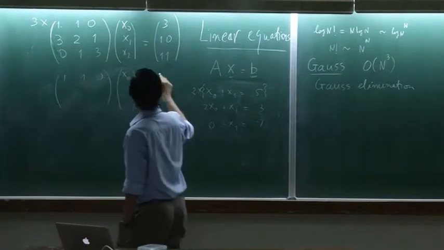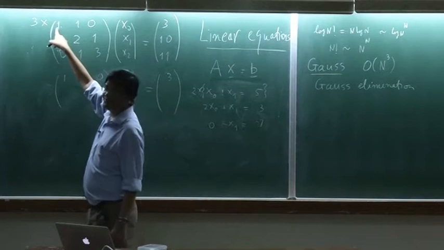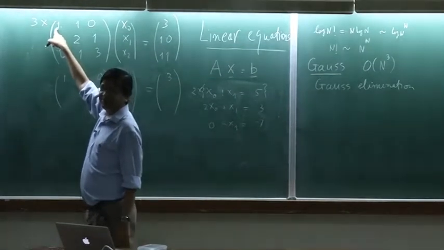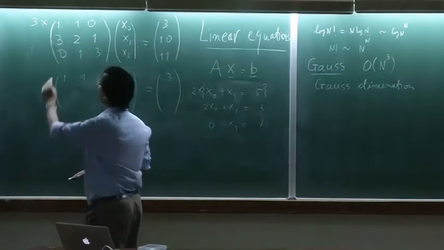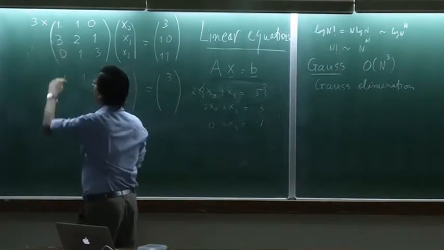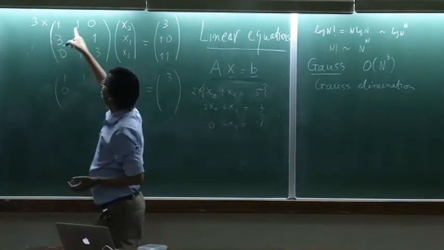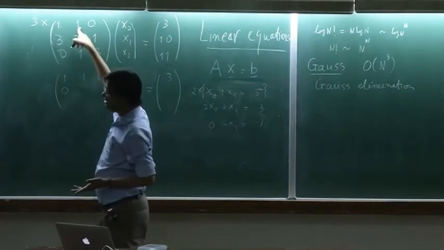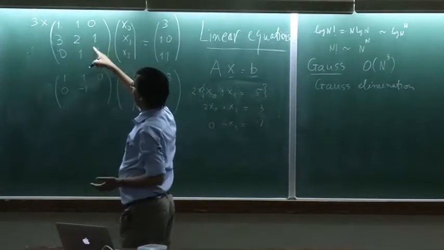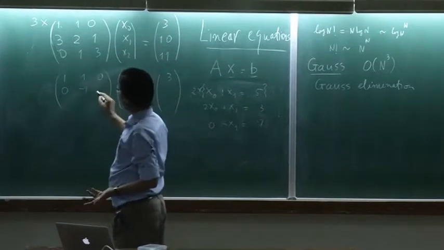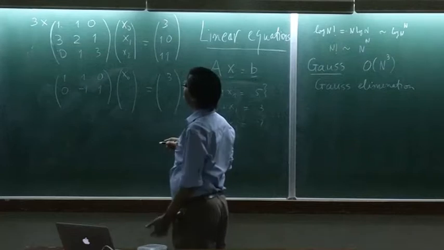You don't do anything to the first one unless this entry is 0, which I will discuss in a minute. First, multiply this by 3 and subtract. So this becomes 0. What about this term? 3 times 1 is 3, so 2 minus 3 gives this one. This one is unchanged because 3 times 0 is 0, and for this, 9 minus 10 is minus 1.